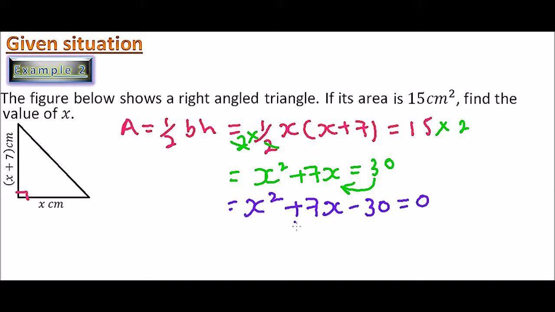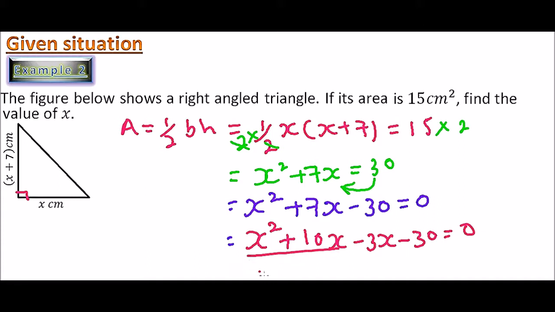So we can use the factor method. We write x squared plus, that is not 12 but 10, we have 10x minus 3x minus 30 equals 0.